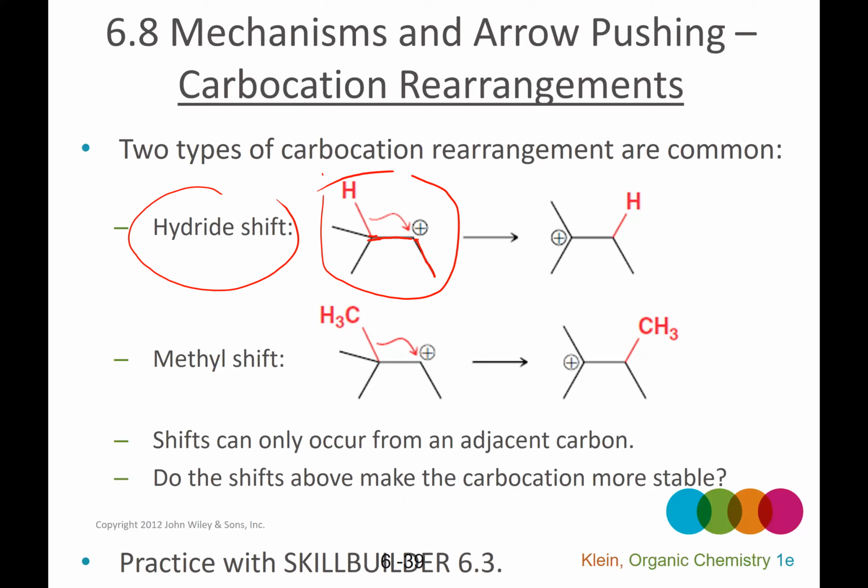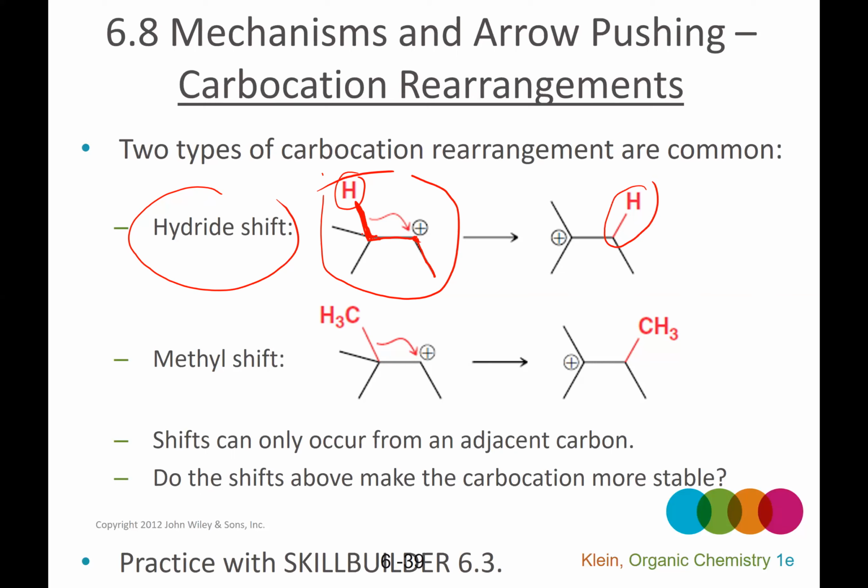If you have a hydrogen next door, what happens is the hydrogen with the electrons can migrate over. So look at the arrow. You see the base of the arrow is starting at the electrons that make the CH bond, and the head is going to the positive carbon. So the electrons with the hydrogen come along for the ride, migrate over to the positive carbon. This whole thing is migrating over, and there it is, you see?